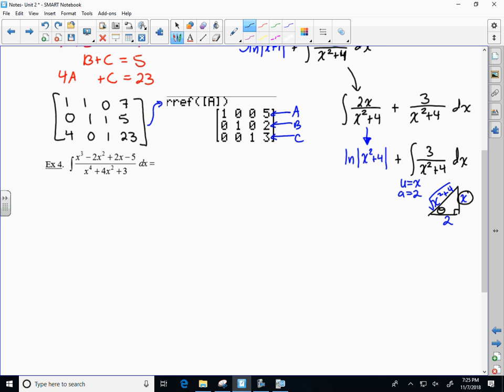So, variable, let me go to a different color. Variable to constant, opposite over adjacent, tangent of theta is equal to x over 2. Radical over constant is hypotenuse over adjacent. So secant.